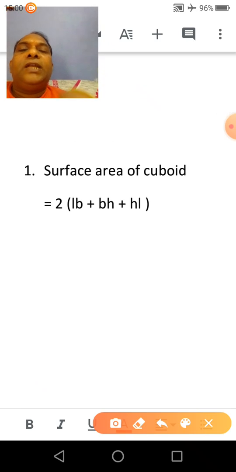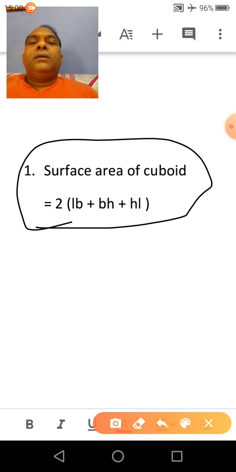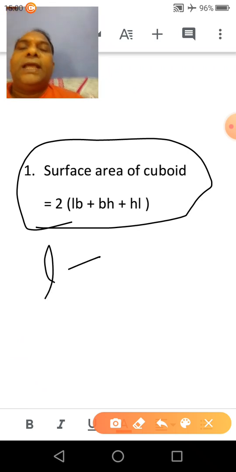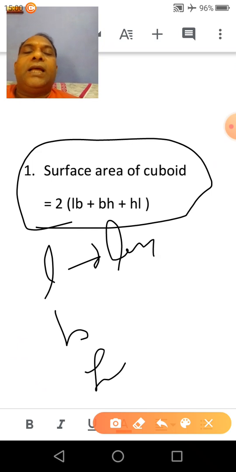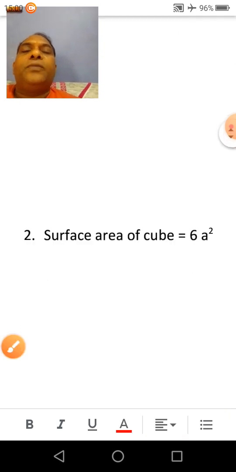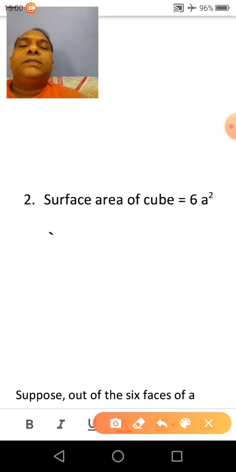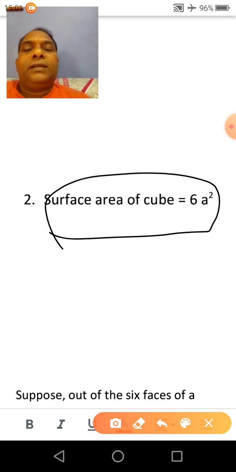So surface area of cuboid, you have to learn, is equal to 2 into (LB plus BH plus HL), where L is the length, B is the breadth and H is the height. Clear? In case of cube, L, B and H are equal, so its surface area will be 6 into A square. To find surface area of cube, we can put L is equal to B is equal to H is equal to A. Then you can find 6A square.